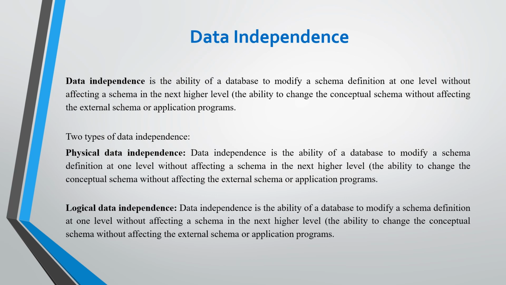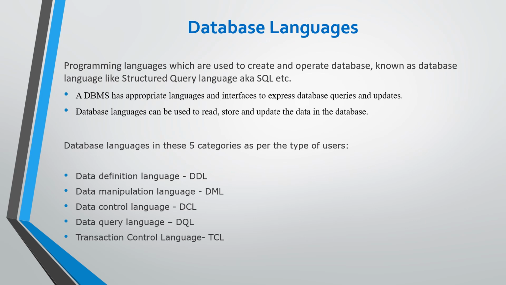Similarly, logical data independence is the ability of a database to modify a schema definition at the conceptual level without affecting the schema definition at the higher level, that is the view level or external level. The next slide is database languages.